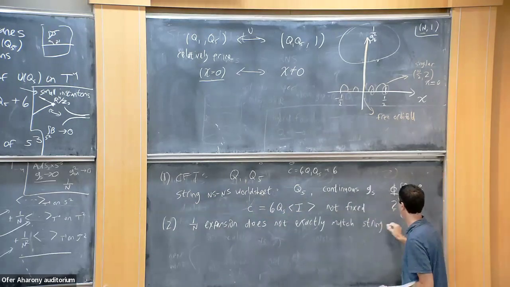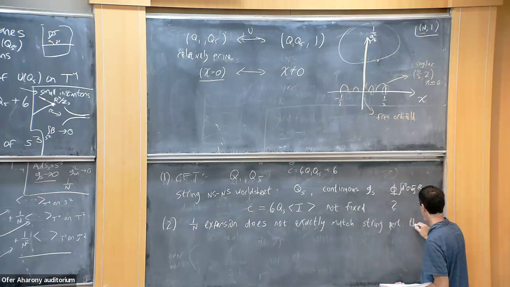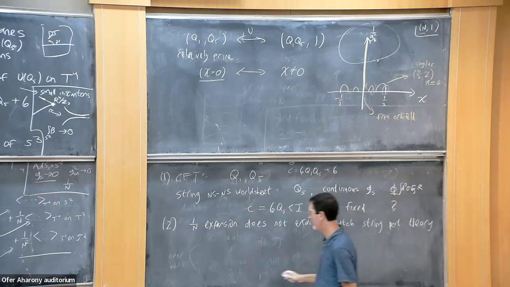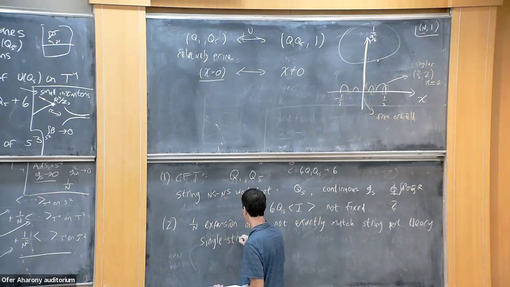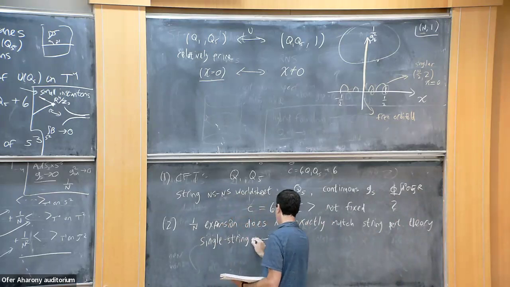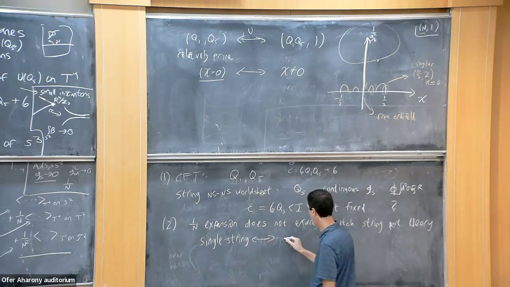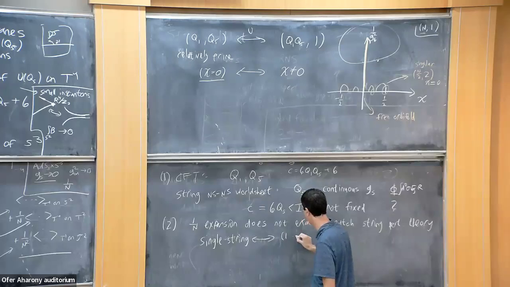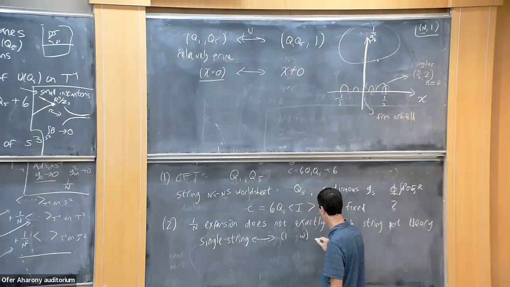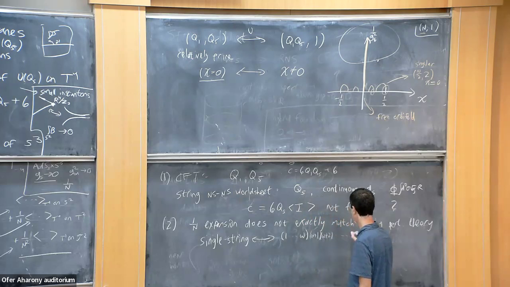I didn't go into details of precisely how this matching works, but single string states map, on the symmetric orbifold side, to operators in a twisted sector, twisted by a single cyclic permutation, say of length w, and all the other elements map to themselves.